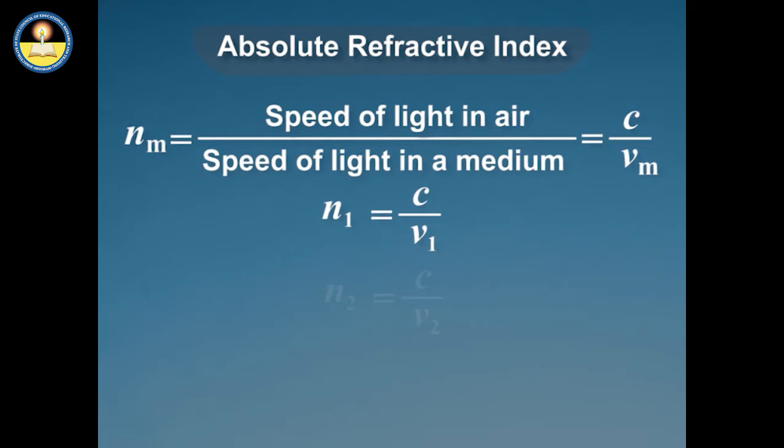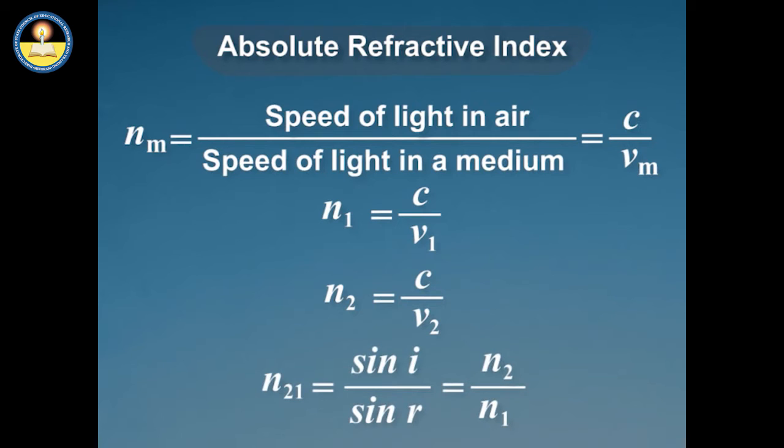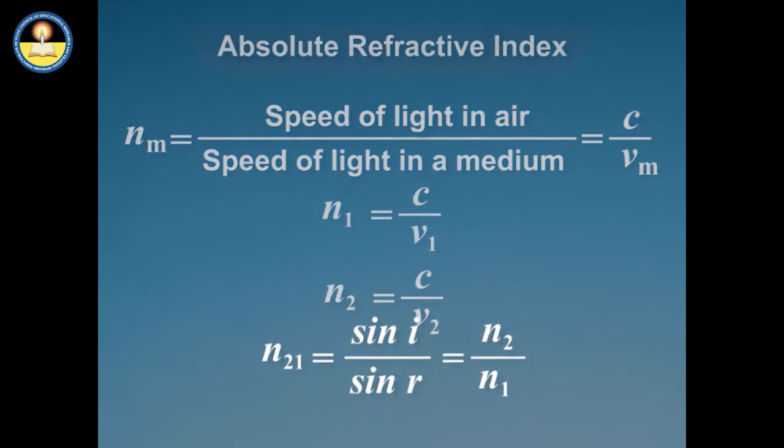If n1 and n2 are the refractive indices of medium 1 and medium 2 respectively, then the refractive index of medium 2 with respect to medium 1 can be written as the ratio of the absolute refractive indices of the second and the first medium respectively.